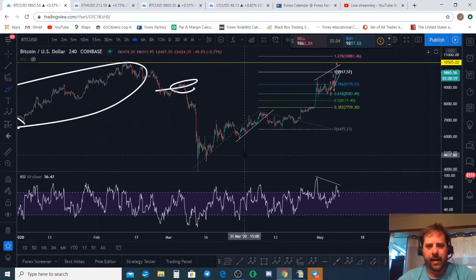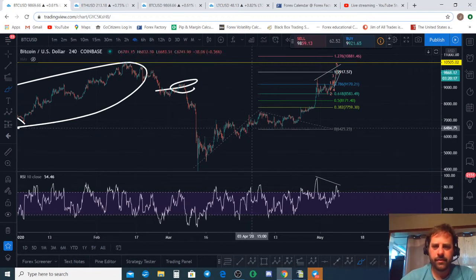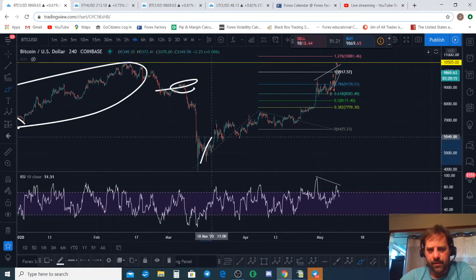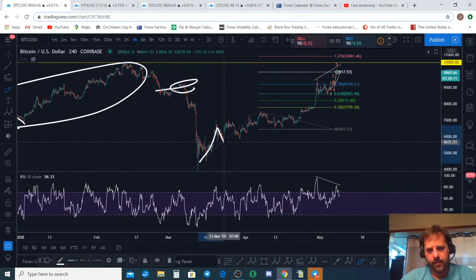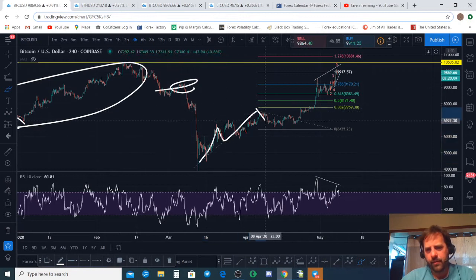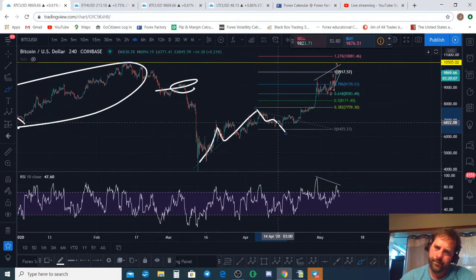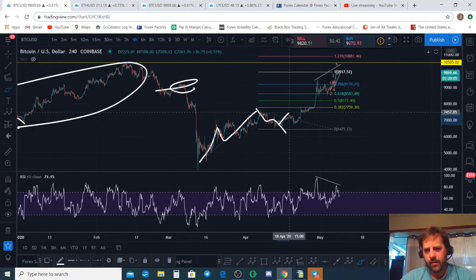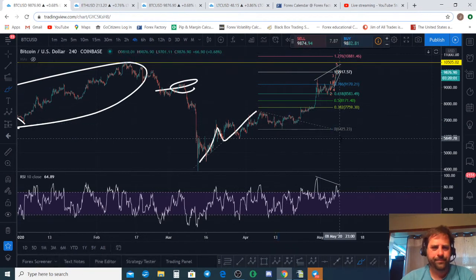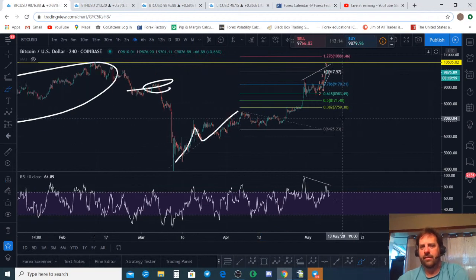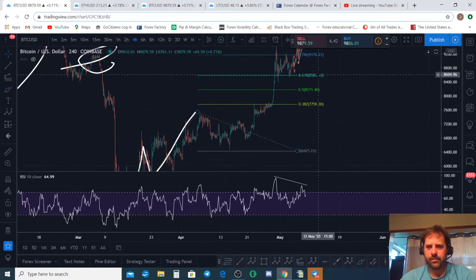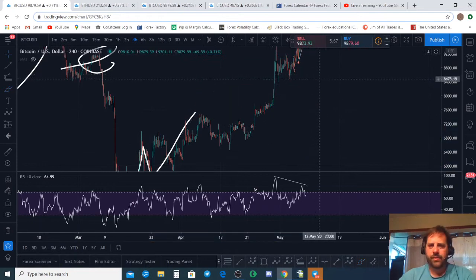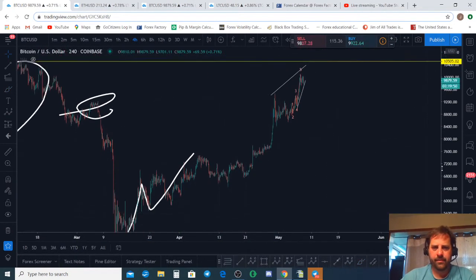It's not an ending diagonal at all. 3-wave, 3-wave. See now, how do you delineate this sucker? It just looks too bullish. The structure's so bad.